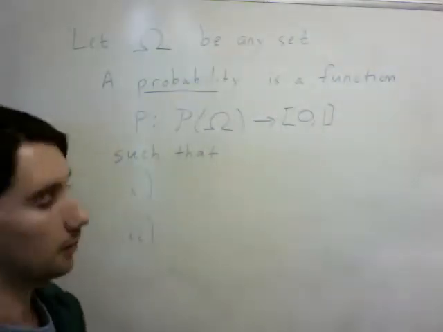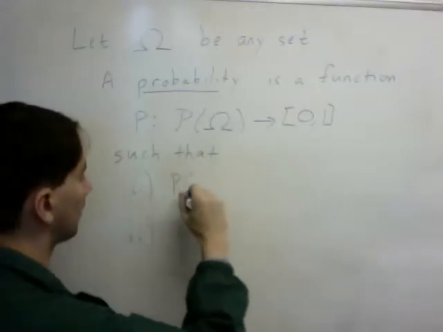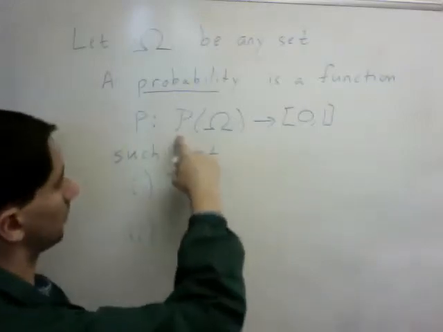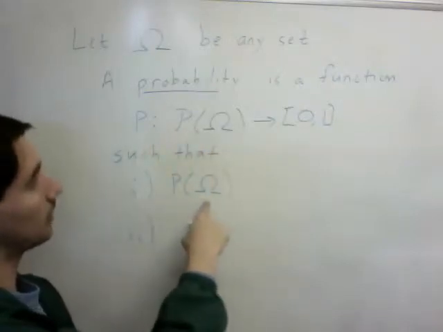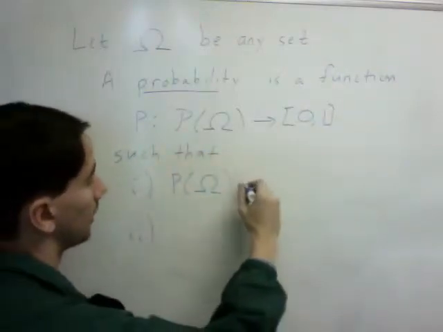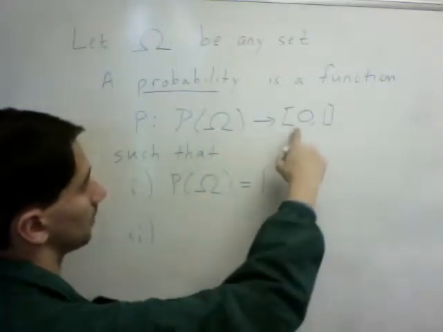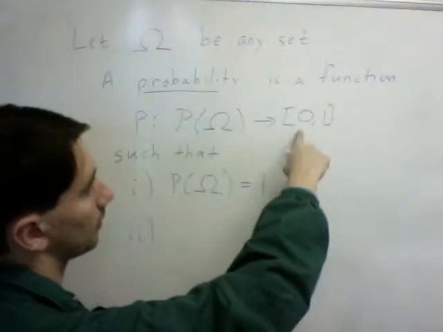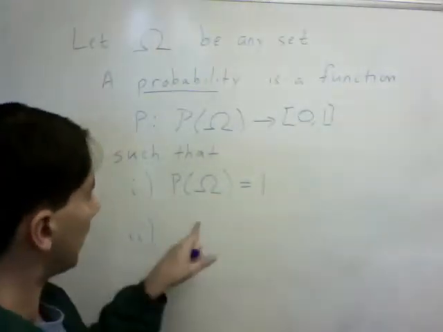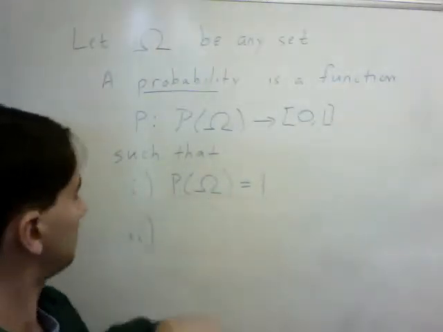First of all, P of omega: you can put any subset into P, but if we put in the entire universe, we map to 1. Remember, this goes from 0 included to 1 included, and this is just the real interval, the real numbers from 0 to 1. P of the entire universe has to be 1.